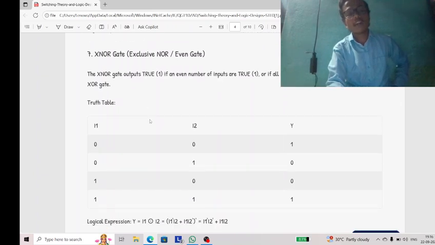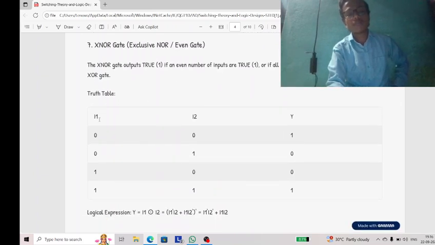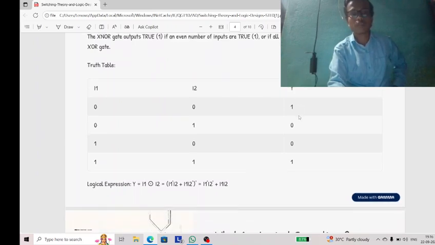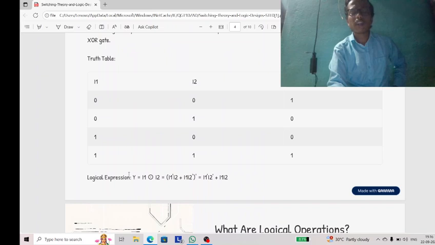This also has two inputs, I1 and I2, and one output y. The logical expression for the XNOR gate is I1 XNOR I2, which is simplified as I1 bar into I2 plus I1 into I2 bar whole bar. It is also simplified as I1 bar I2 bar plus I1 I2.